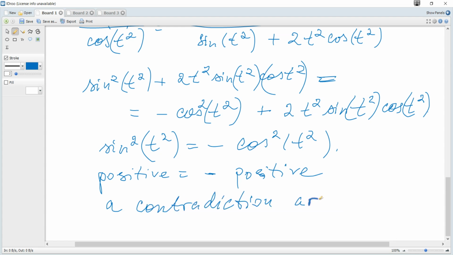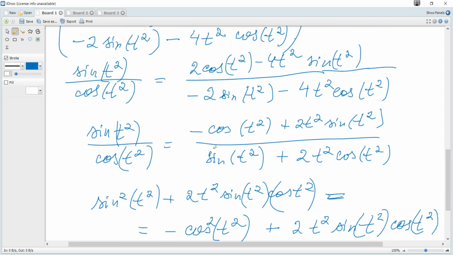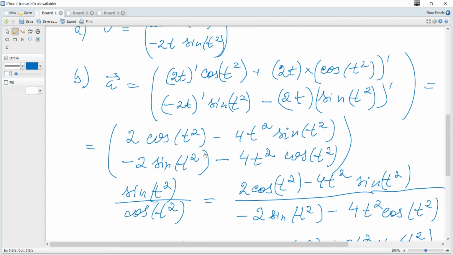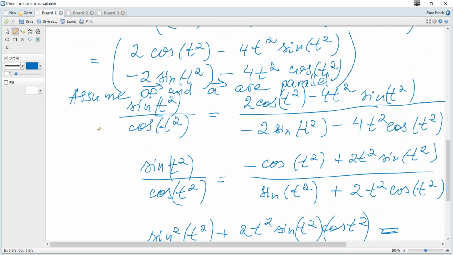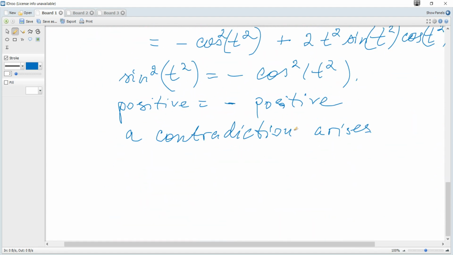Contradiction arises, and it would be better here to write: assume OP vector and the acceleration vector are parallel. Then if they are parallel, components should be proportional, so x over x is y over y, and a contradiction arises.